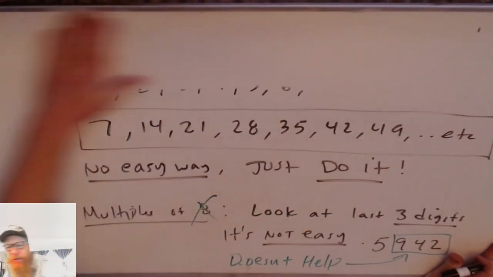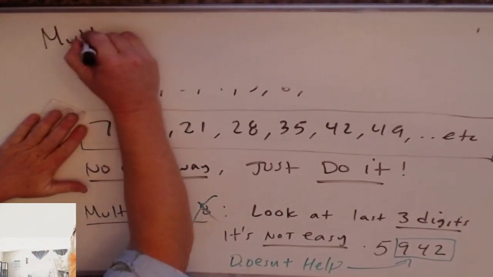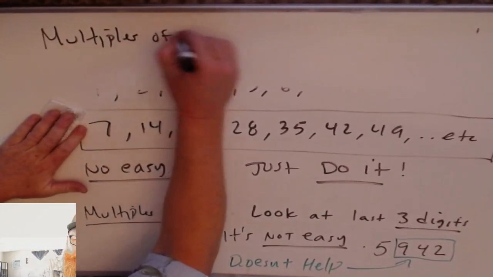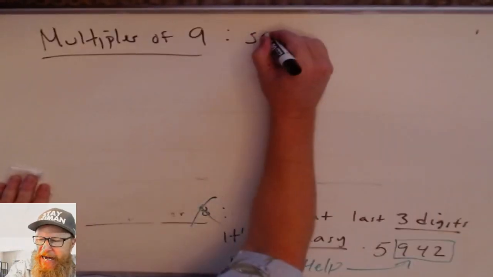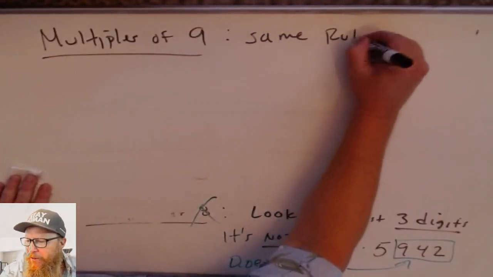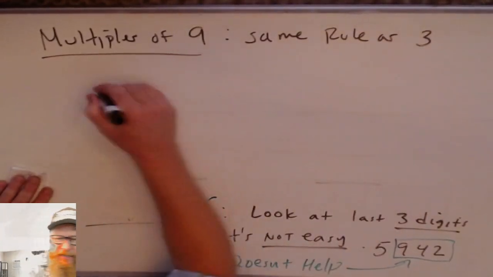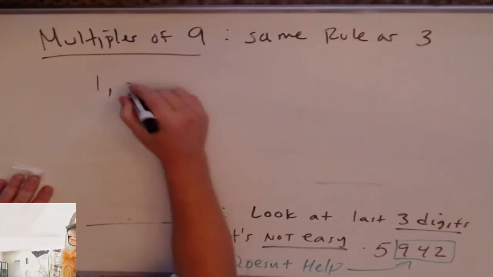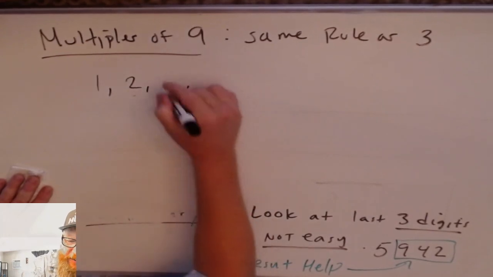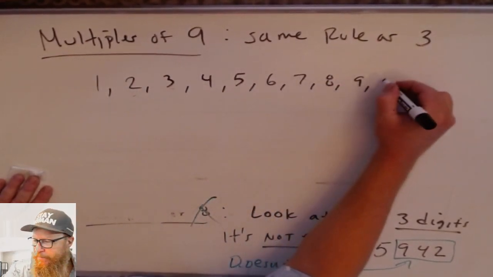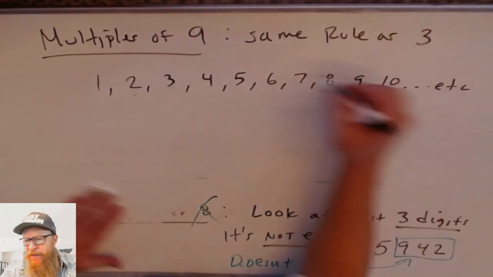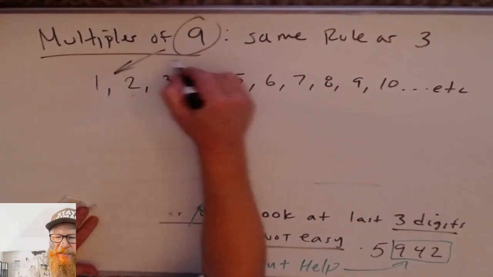9 has a cool trick. Multiples of 9, it's the same rule as 3. So again, let's go ahead and look at the multiples of 9. Let's multiply all of these by 9.